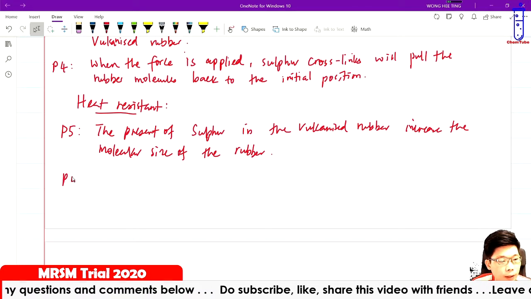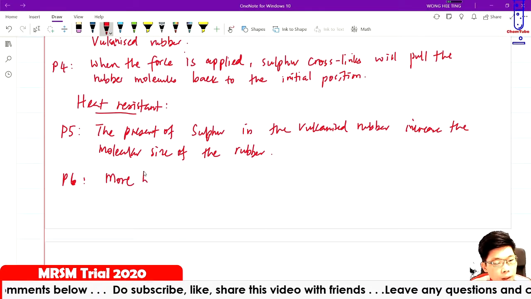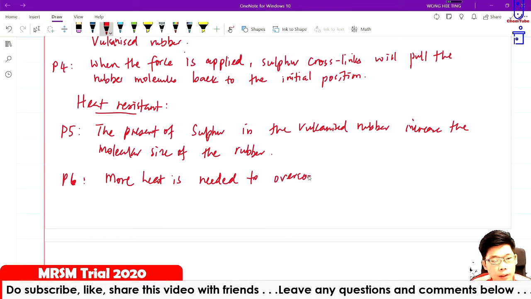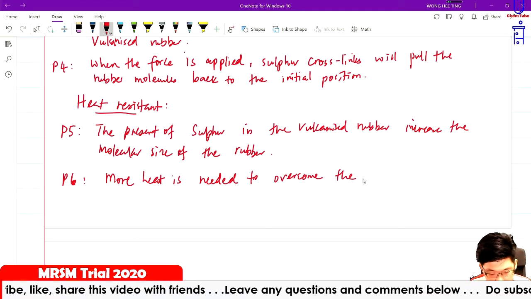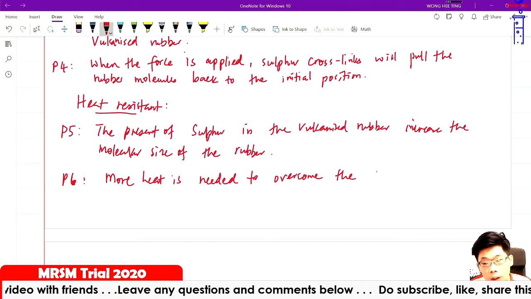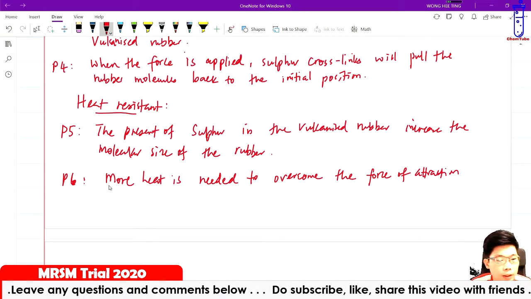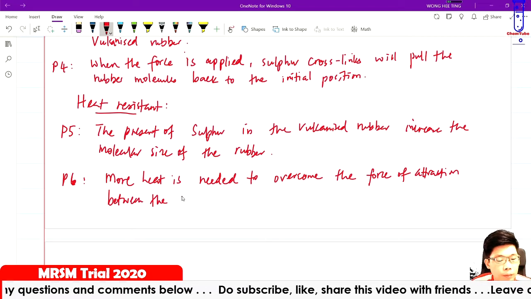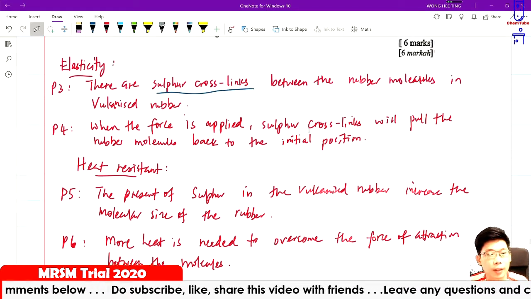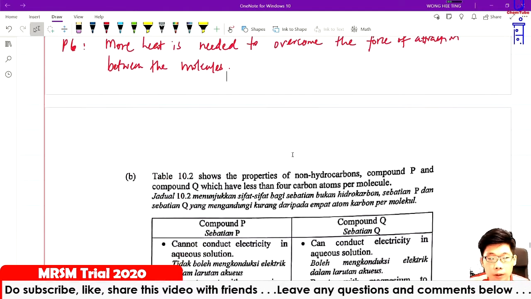Then what is the effect? Point number 6: more heat is needed to overcome the force of attraction between the molecules. So these are the 6 points we can write to explain the elasticity and the heat resistance of the vulcanized rubber compared to unvulcanized rubber.